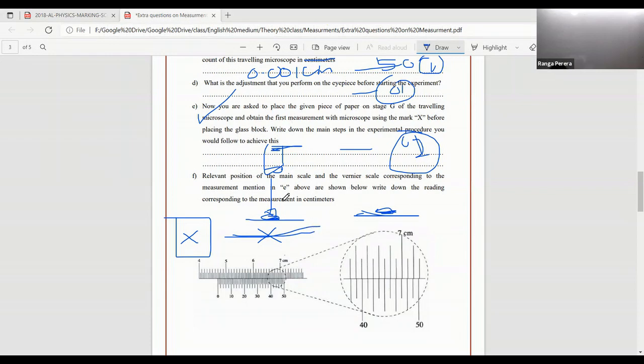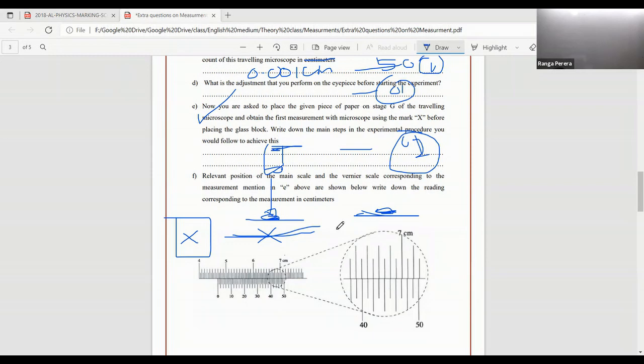I will repeat again. Unlock the microscope and adjust the microscope. If you haven't written unlock, you might still get the marks, don't worry, but I am highlighting the exact answer. Unlock the microscope and adjust the microscope until an image of X is seen.